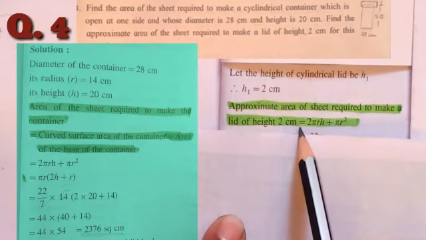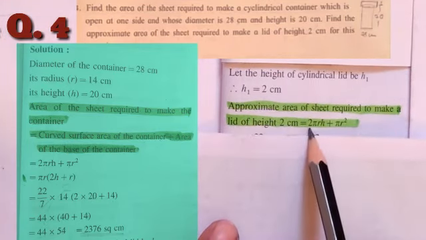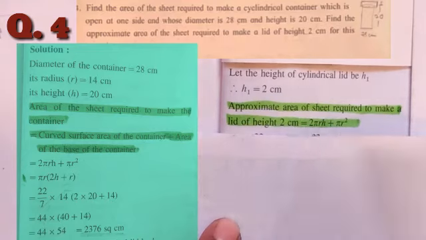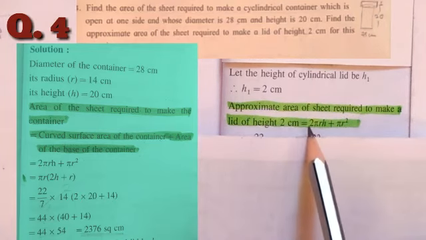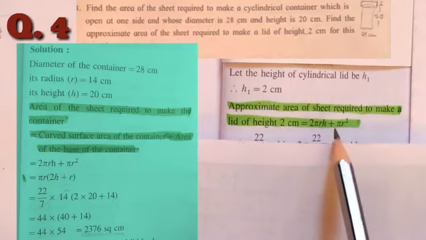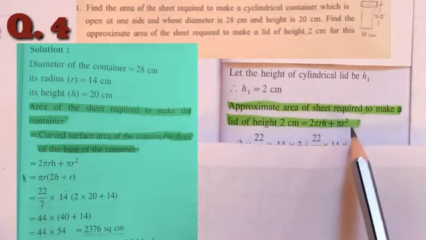As the lid also has a circular structure and curved surface, for that we have to write the area of the curved surface plus the area of the upper section of the lid, which is circular. So, the area of the curved surface is 2 pi rh, plus the circular upper section, pi r square.